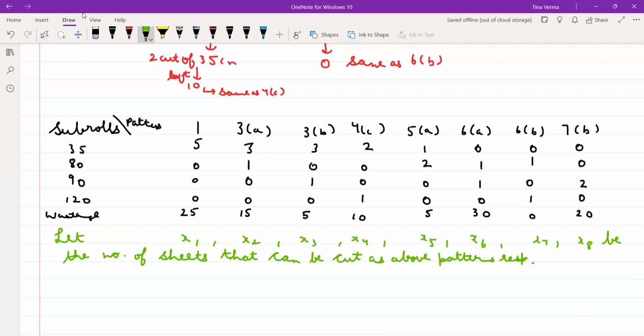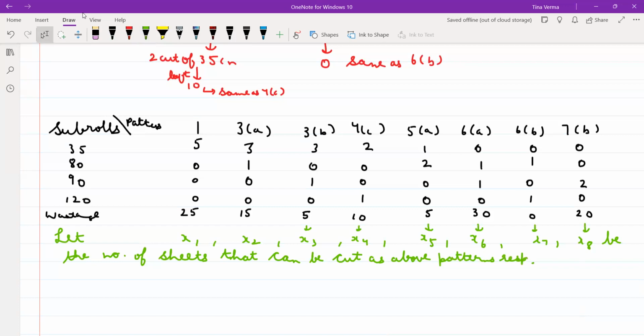X1 is for the first pattern, X2 is for the second, that means 3A, X3 is for 3B, X4 is for 4C, X5 is for 5A and 6A, this is 6B and 7B. Those patterns you have taken.